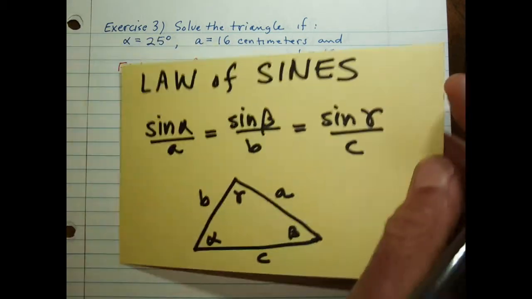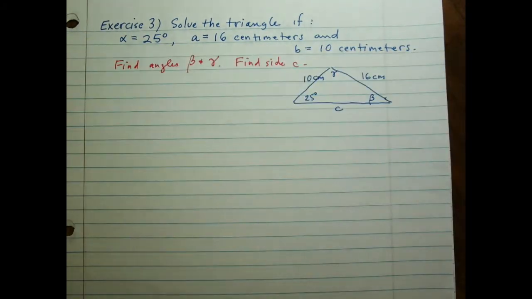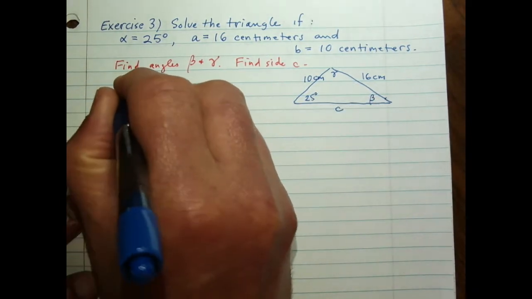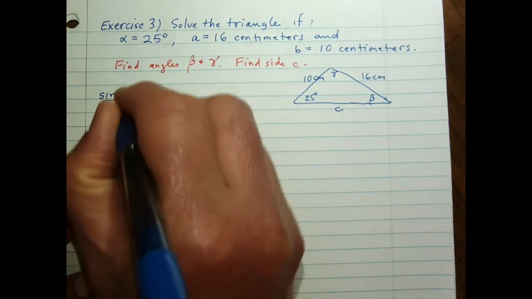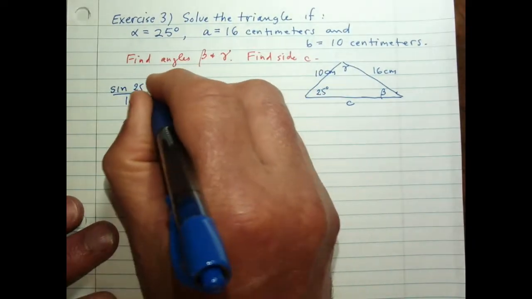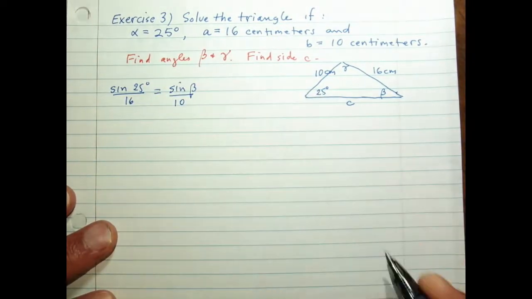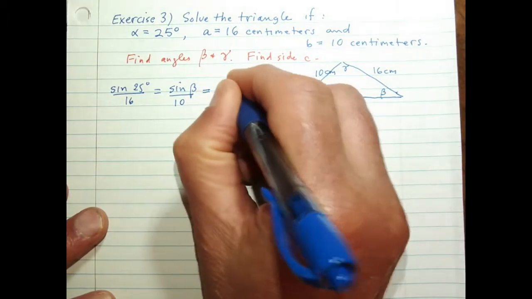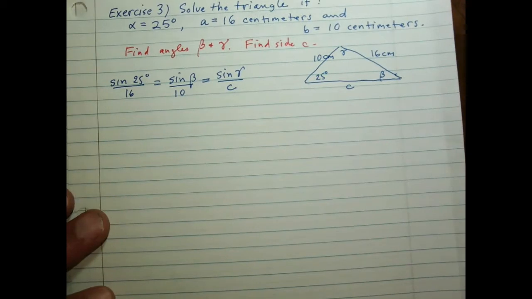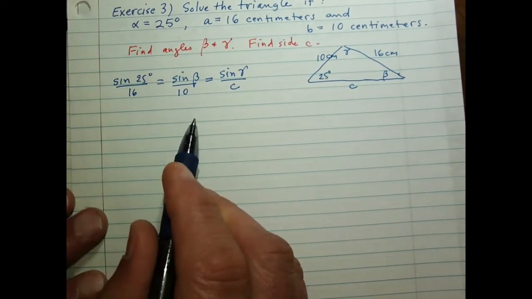And let's bring out our law of sines to help us set things up. Sine of alpha, sine of 25 degrees over side A, 16, is equal to sine of beta over side B, which is 10, equals sine of gamma over side C. Again, I want to pick two of these to work with.